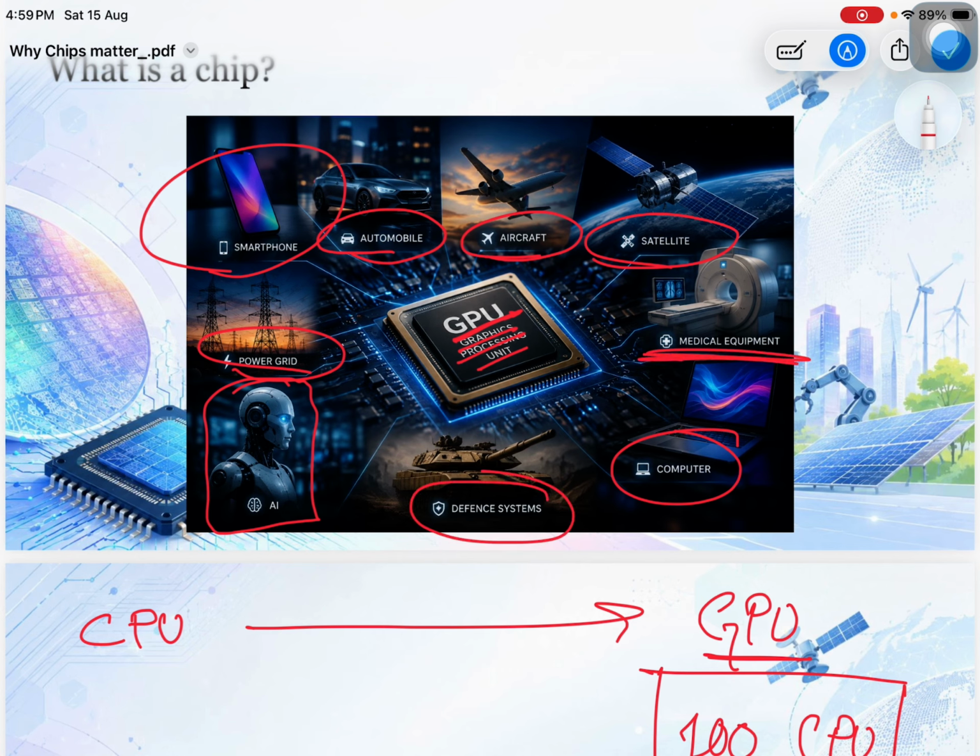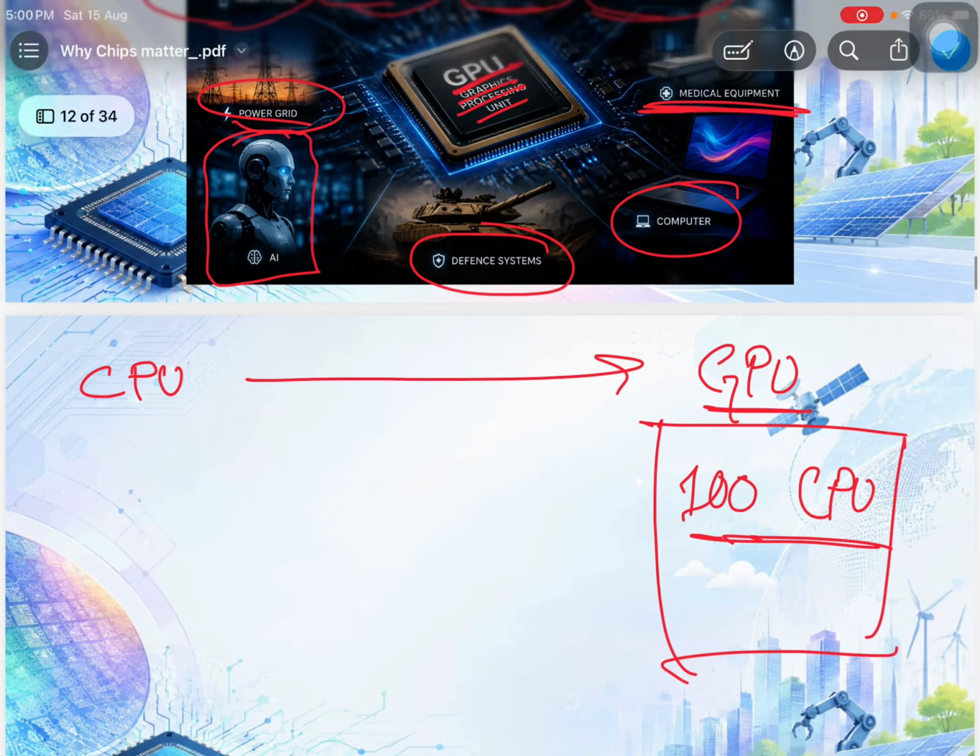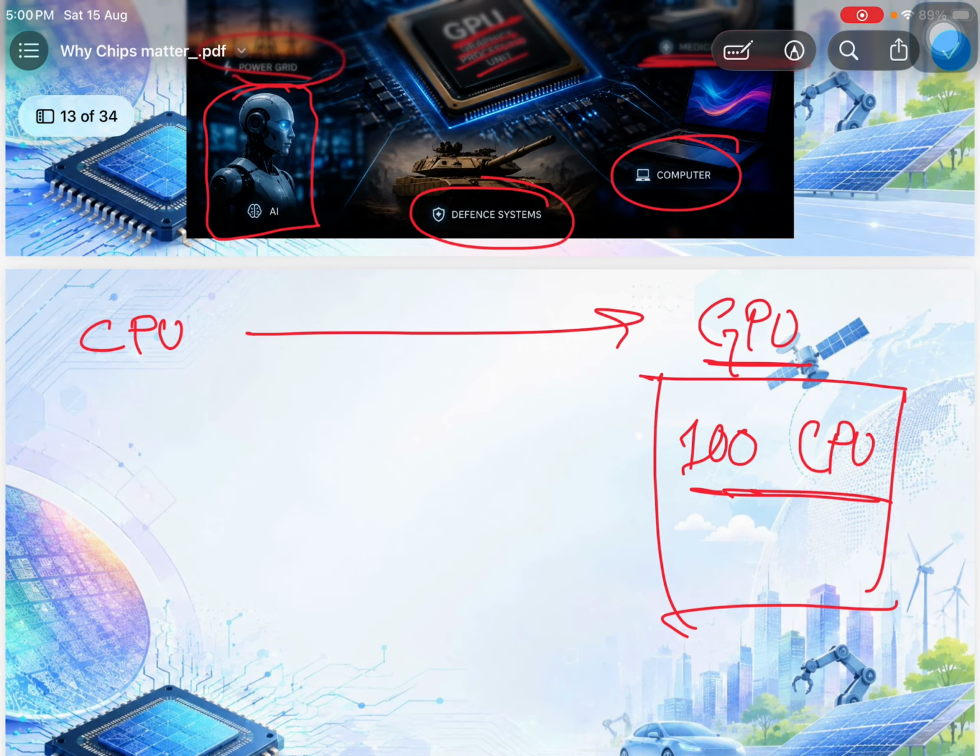So every aspect of our life, right from an electric scooter to a satellite launch, is running on GPUs these days. And this explanation gives you a better idea of why the prices of things are running up. We will be looking at it again.